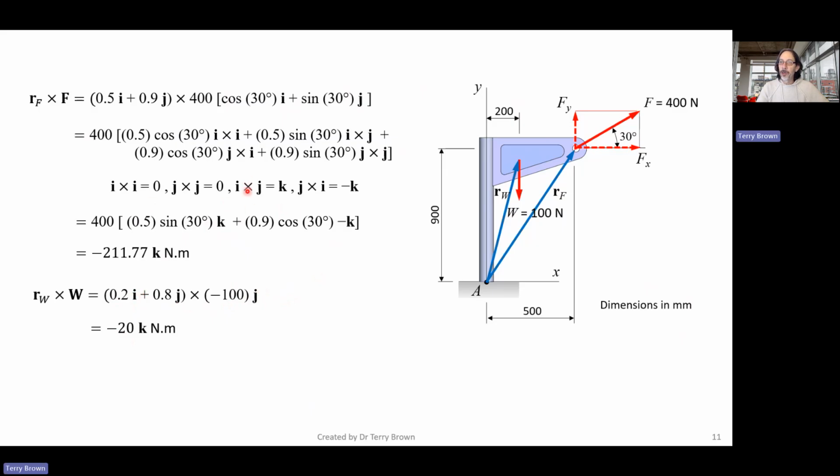I cross J is positive K, and then 0.8 J times 100 J is J times J, which is 0, right?